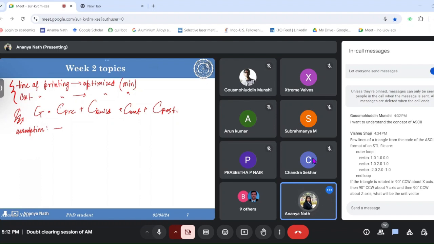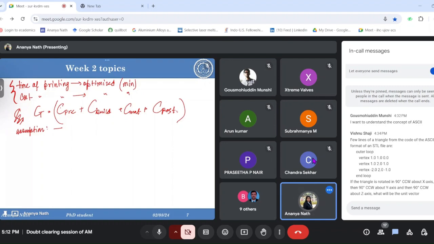And for resin, like for SLA, we go for UV curing and then buffing, and also water cleaning and alcohol cleaning. Those are some post processing costs. By adding all these costs, we get the total cost, which we have to minimize somehow.